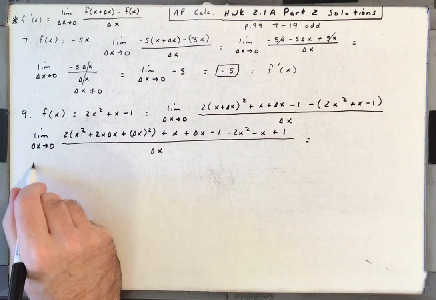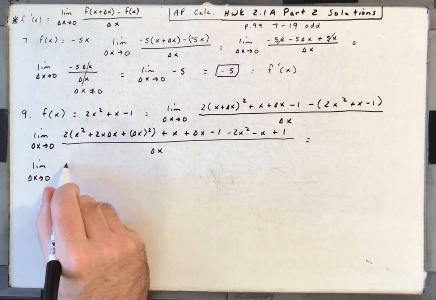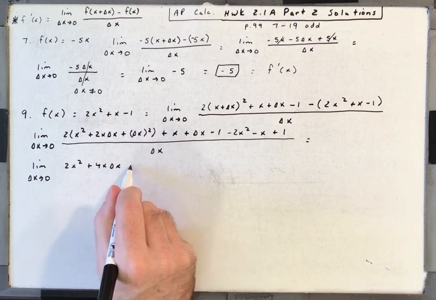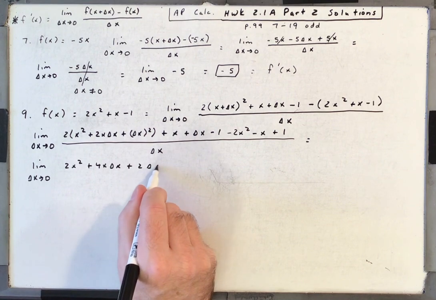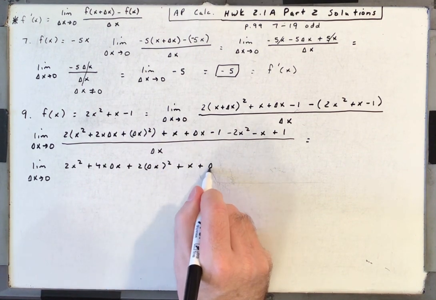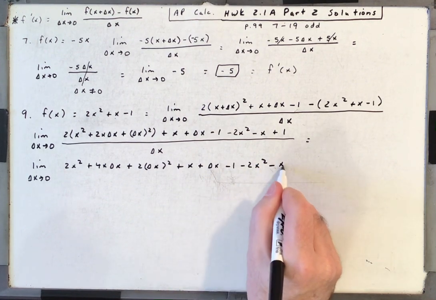And distributing that 2, we'd have 2x squared plus 4x delta x plus 2 delta x all squared plus x plus delta x minus 1 minus 2x squared minus x plus 1.